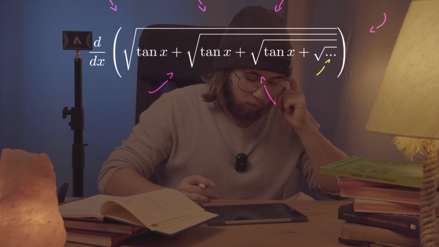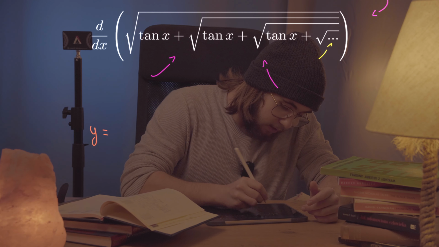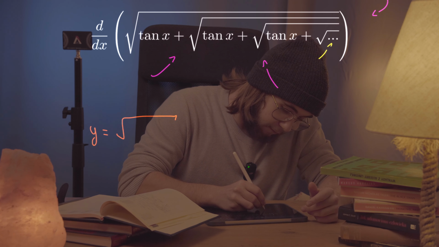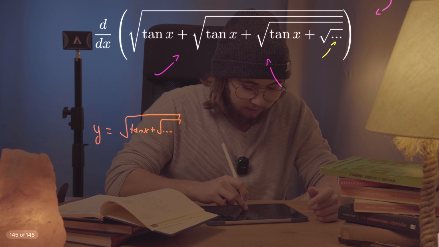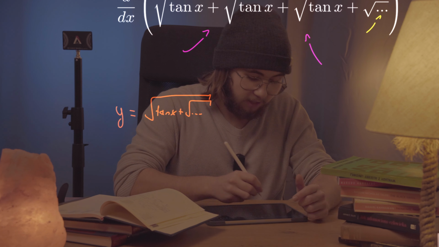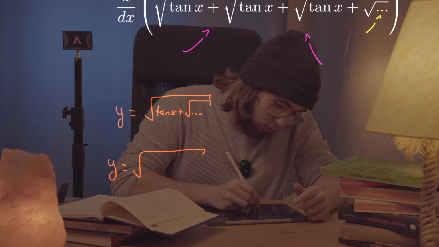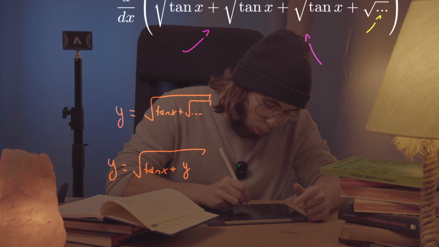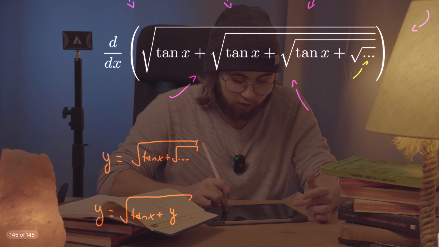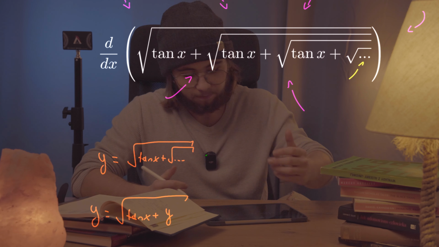So if I set some y equal to this entire thing, this entire tangent x plus the square root of all of that stuff, then I can say that y will be equal to the square root of tangent of x plus y. Because y is just the square root of tangent plus the square root of tangent plus all the way up to infinity.